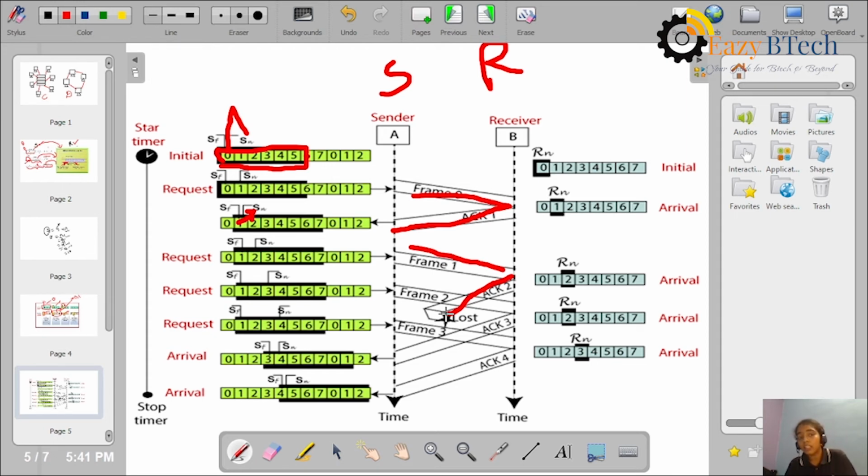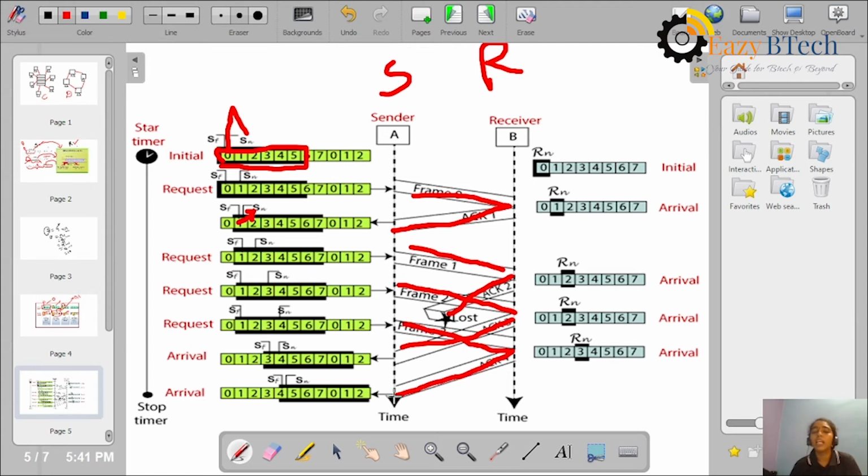Whenever the acknowledgement is not received by the sender, the window does not move to the next frame, and frame 2 is sent again. He didn't get the acknowledgement of frame 1, so again frame 2 is sent. The acknowledgement will be given to frame 2, and after that frame 3.